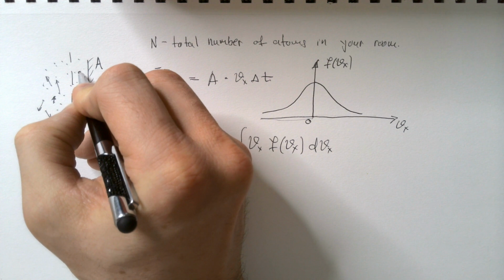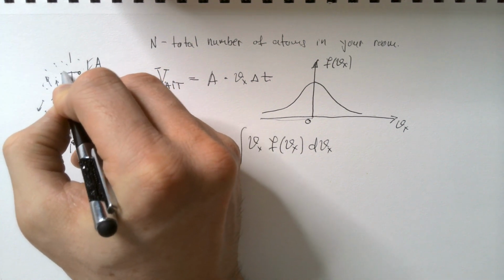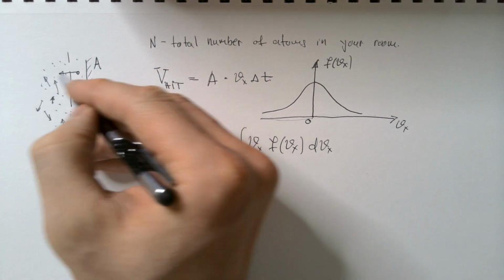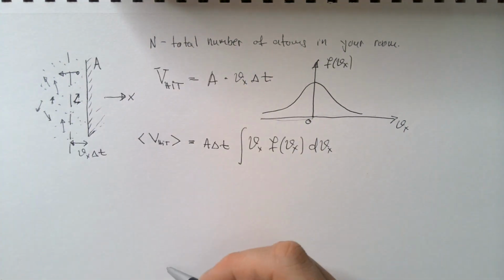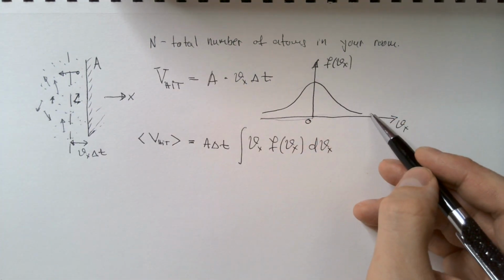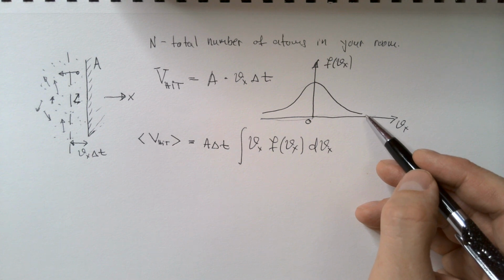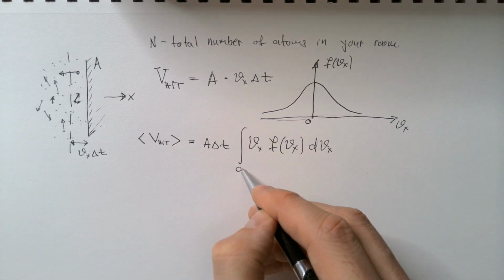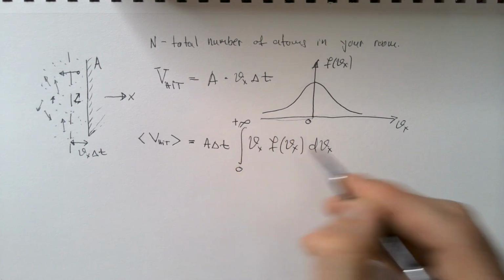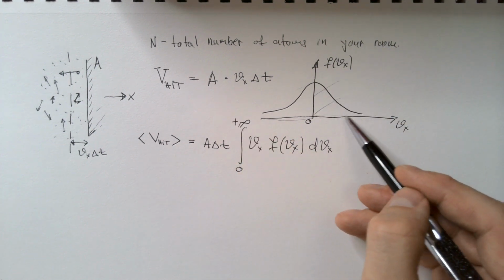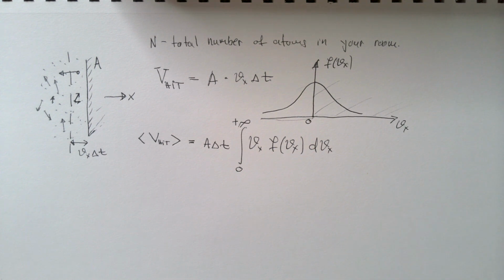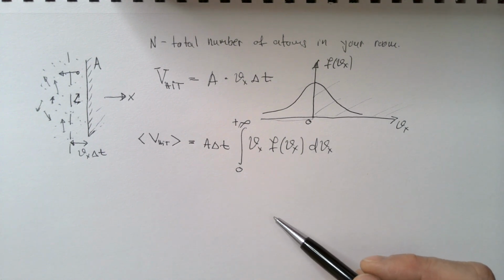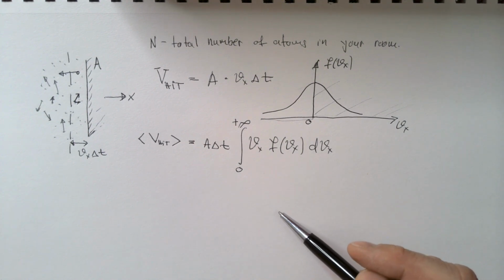If an atom is moving in the other direction, who cares? That one is going away from the wall, it's not going to collide. So this distribution cannot be integrated from negative infinity to positive infinity, but rather from 0 to positive infinity, because only these atoms will result in collision with the wall.